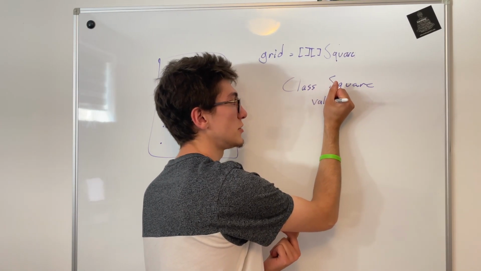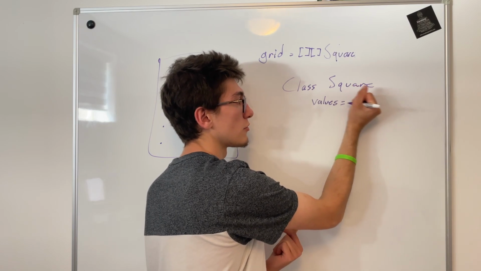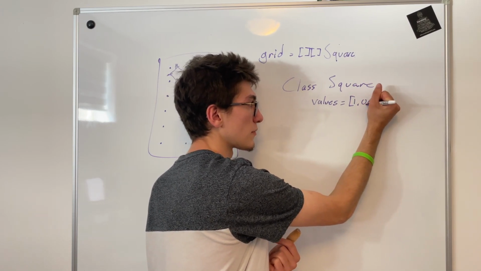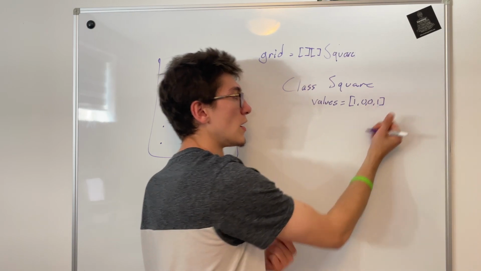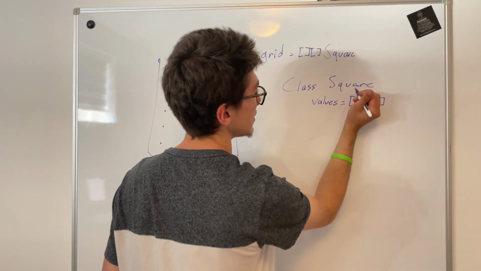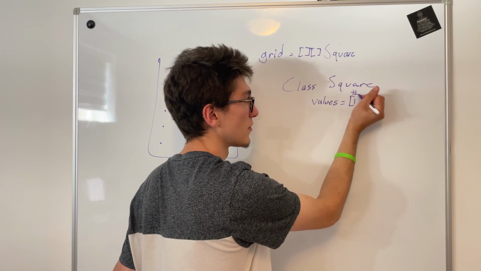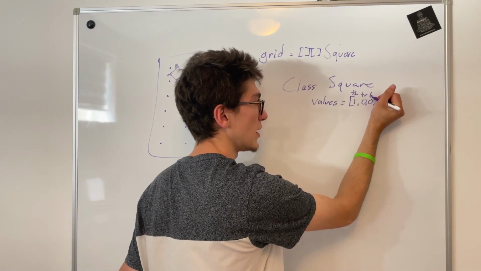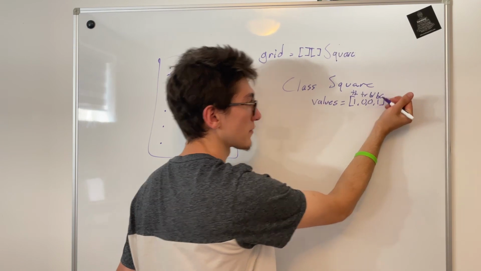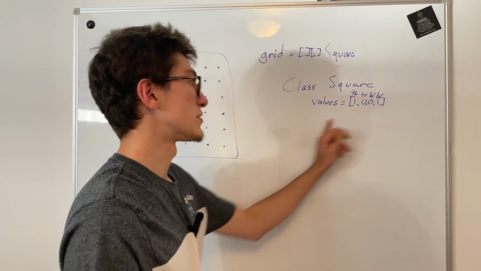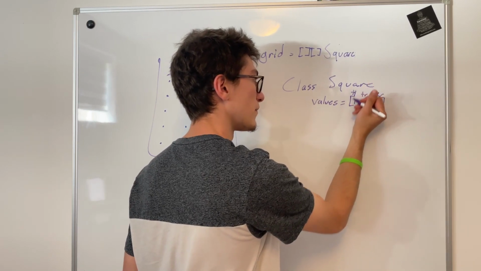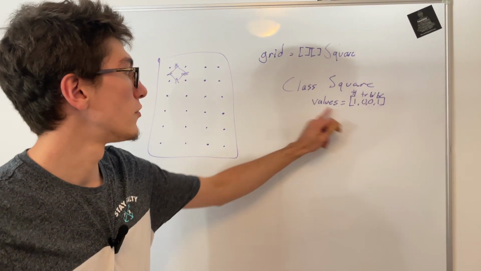So we'll have values be equal to an array of 4 values, which will either be 0 or 1, right? Something like this. And this array will say this is top left, top right, bottom left, and bottom right. Okay, so this is how it's going to go. This is top left. There we go. So this will be the value.